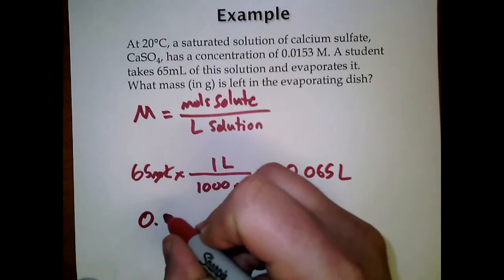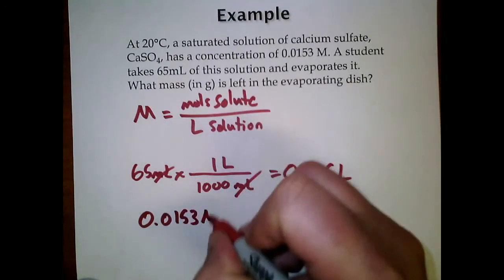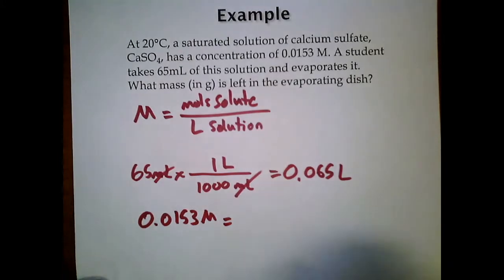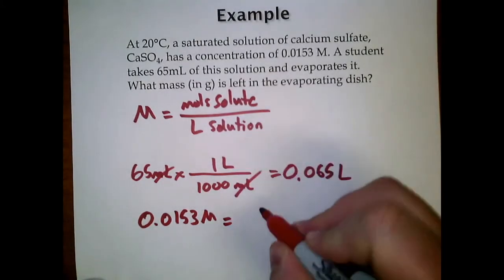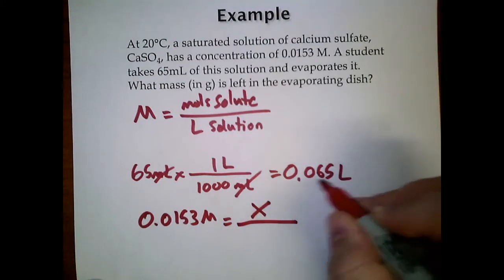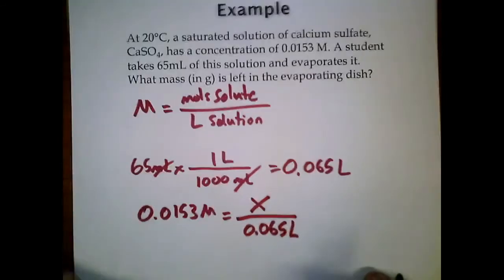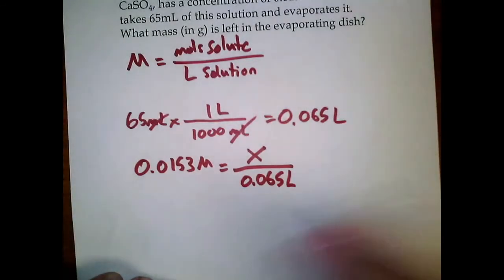I know the molarity is 0.0153, and it's equal to the moles of solute. I don't know that, so I'm just going to leave that as an x, divided by the liters of solution, which in liters is 0.065 liters. Okay, so now that this is the only thing I don't know, find x.